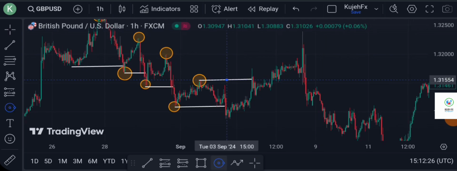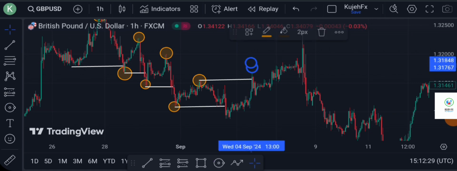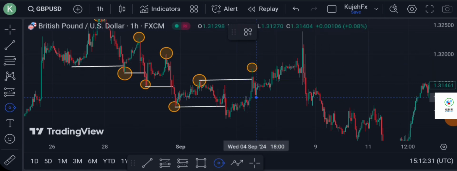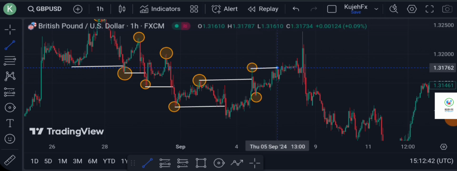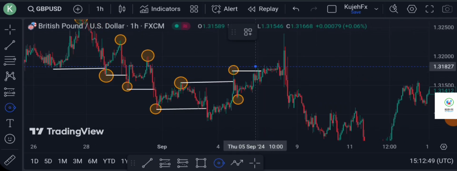And then what happened? The market creates a higher high here, comes back here and creates a lower high here. And the market went up and breaks structure to the upside, telling you that it wants to continue its trend upwards. This means the buyers are in control of the market. So the market creates a higher high here and creates a lower high here.